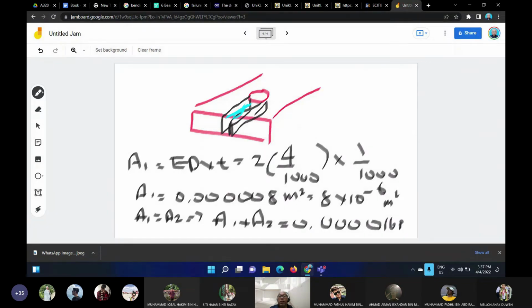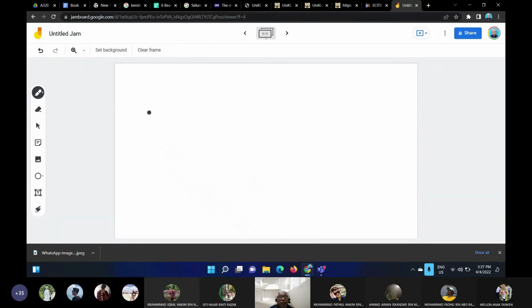0.00016 meters square. So that is the shear out area. To calculate the shear out load, P shear out, we use the shear ultimate times the shear out area.